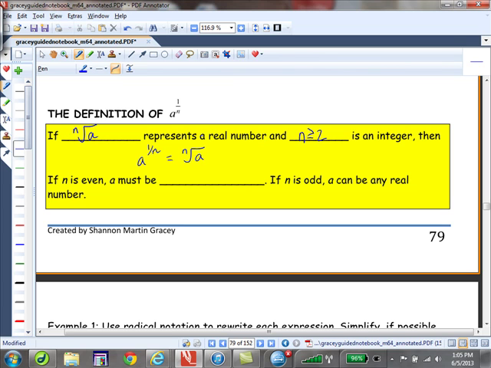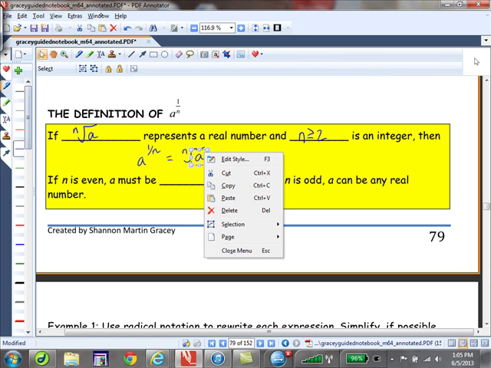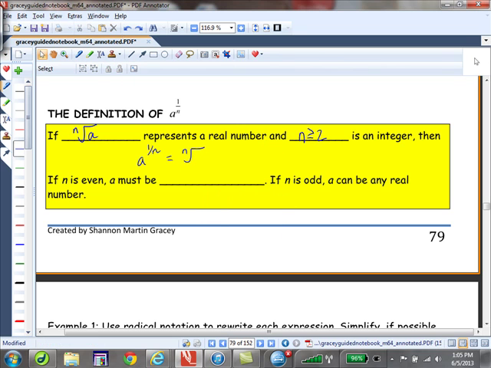The way I remember this is power over root. As it's translated, this is the nth root of a to the 1.